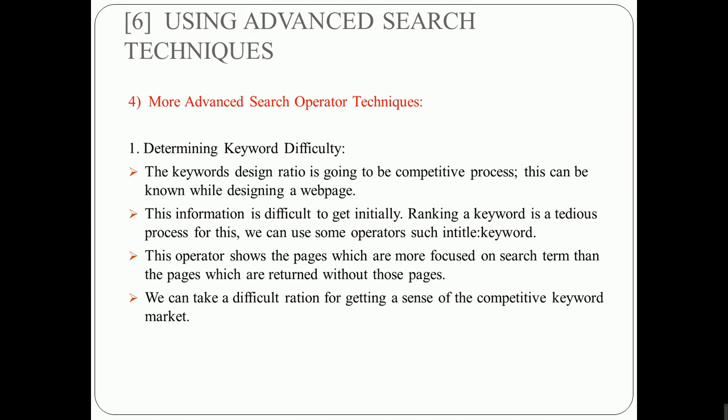This can be known while designing a web page. So whenever the user is designing a web page, at that time the keyword design ratio is a competitive process. This information is difficult to get initially. Ranking a keyword is a tedious process.